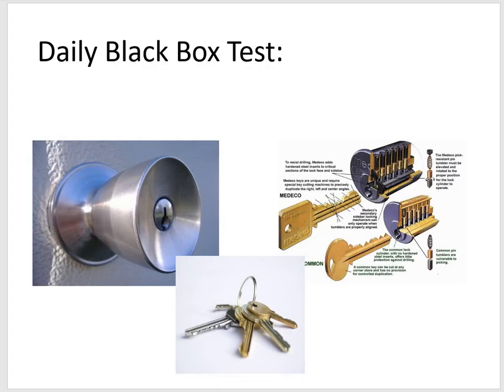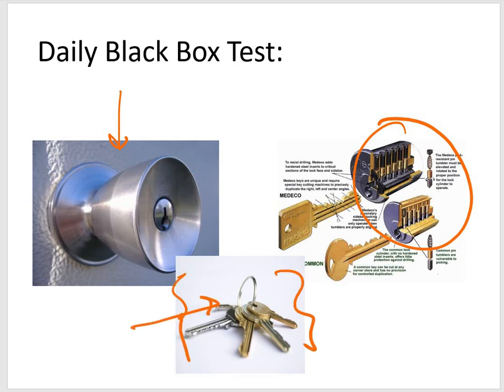Now this is a daily black box test which we do. I have a lock and I have no clue about the internals of the system. All I have is this set of keys.